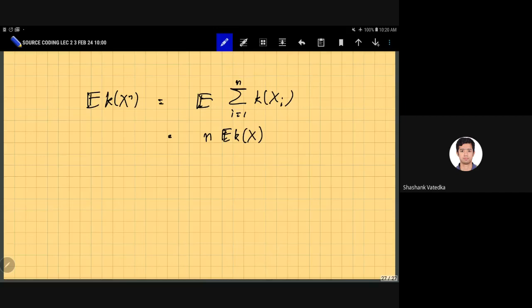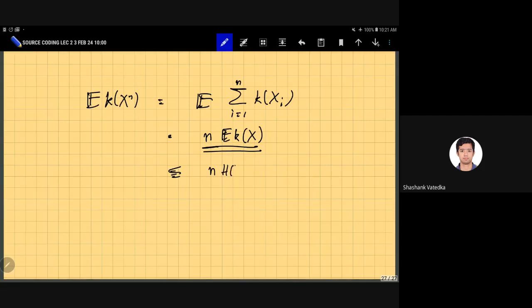If you do symbol-wise encoding, this is always the expected length that you get.